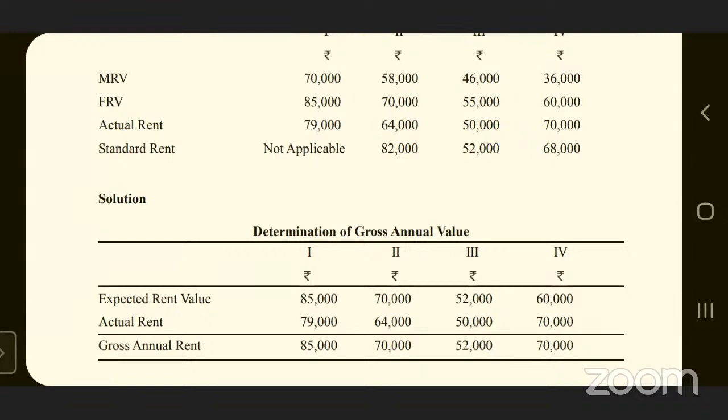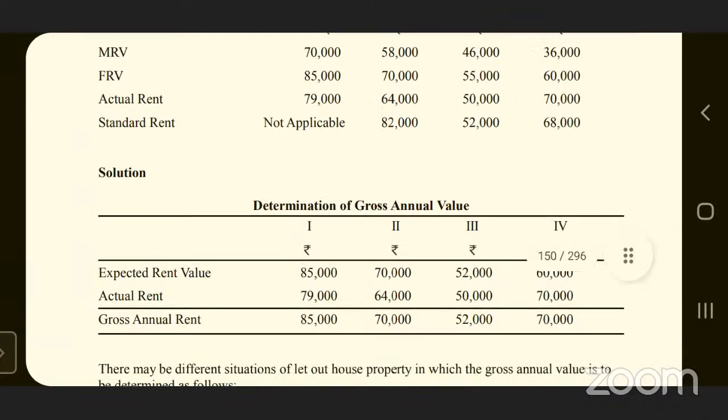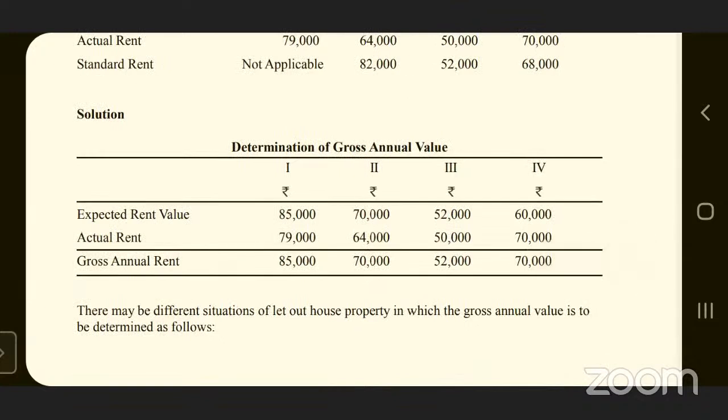The government does not accept whatever we get on a rental basis as income from house property, because everyone tries to find loopholes and take advantage to reduce income tax liability. So few provisions are mentioned like that. Here actual rent is lesser than expected rental value, even then we consider the gross annual rent as expected rental value.